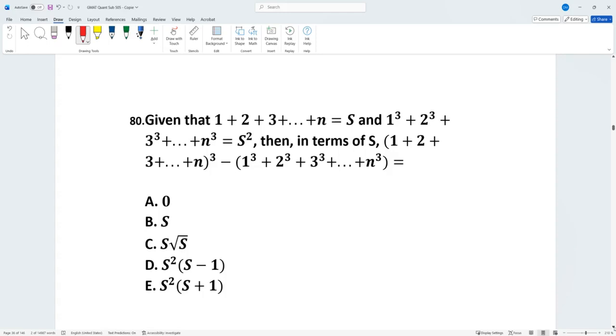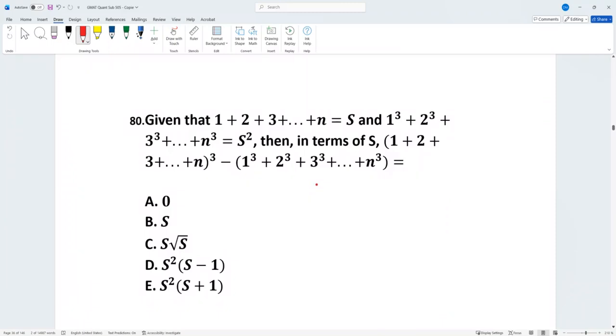Then in terms of s, (1 plus 2 plus 3 plus that plus n) to the power 3 minus (1 to the power 3 plus 2 to the power 3 plus 3 to the power 3 plus that plus n to the power 3) is equal to what?